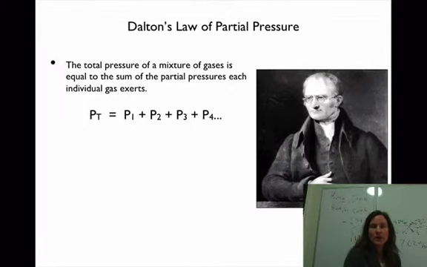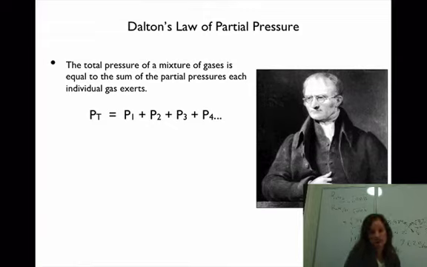The other mathematical relationship we can do in relation to each individual gas is something called partial pressure. This is really straightforward mathematically, but conceptually you can do a lot with it. It's just the idea that the pressure of whatever the gas system is will be the summation of the pressure of each gas. So if you know the pressure due to oxygen in the atmosphere and the pressure due to nitrogen in the atmosphere, and you add them all together, you should get the total pressure.